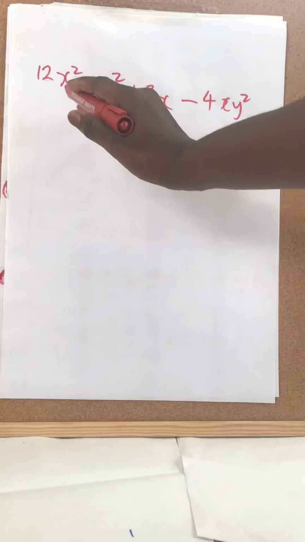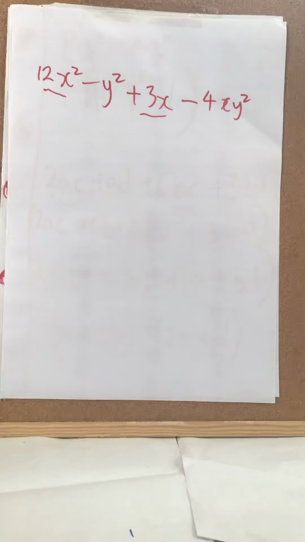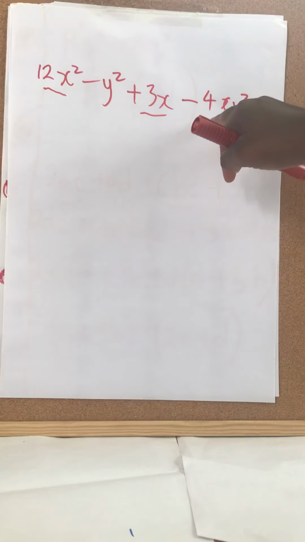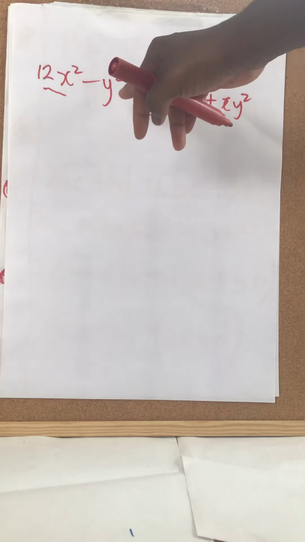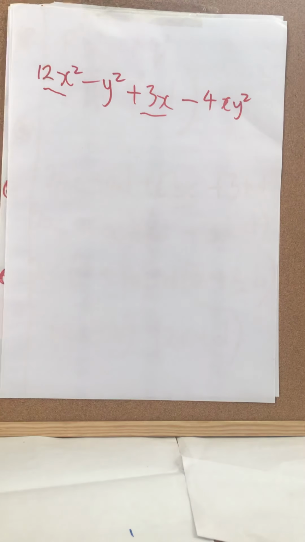Here, remember, I will just group them together, this one and this one. I've chosen that one because it's the obvious thing to choose. I have the common factors. Yes, you might be thinking we could have chosen 4. But when you choose 4, did we realize that we have y squared here and y squared here?